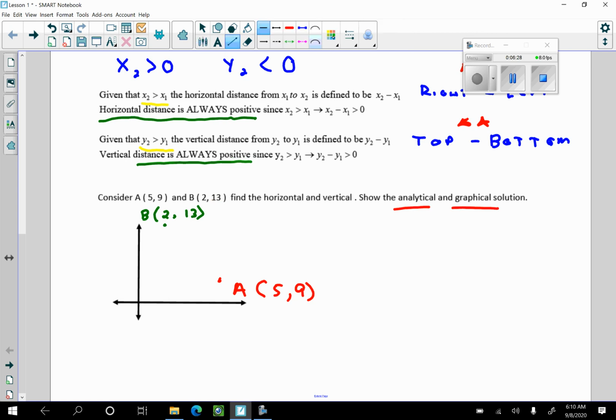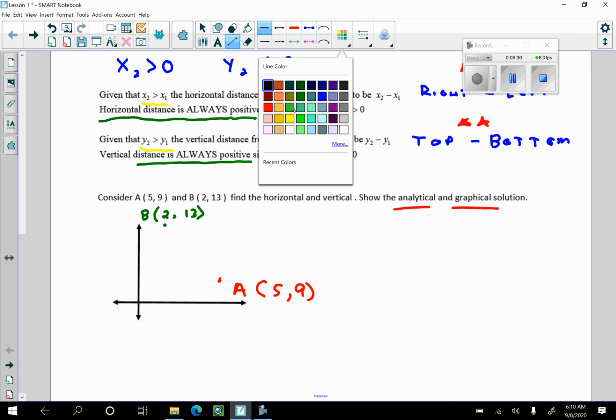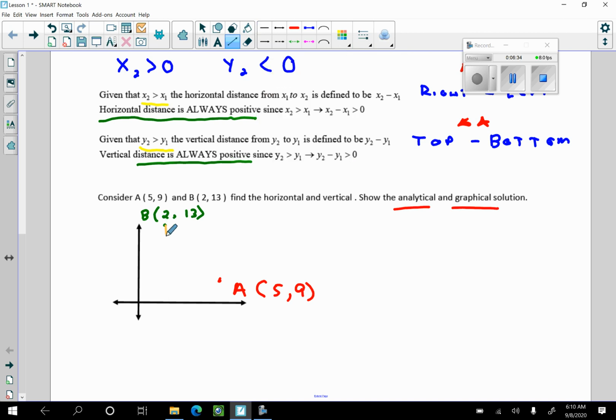And I'm going to see if I can get a lighter line in here. Let's do this. You would think that that is the shortest distance from A to B. But if I want the vertical distance, I have to go along a vertical line. And vertical lines, by definition, are lines that are parallel to the y-axis.